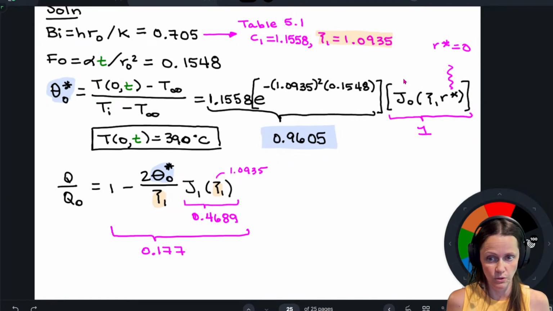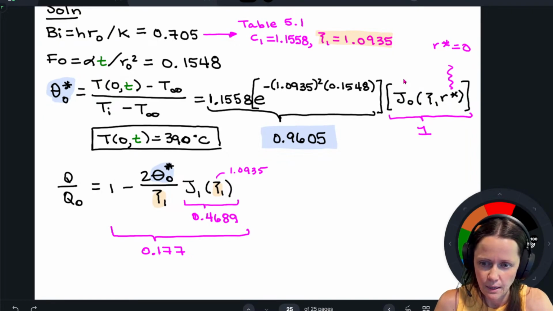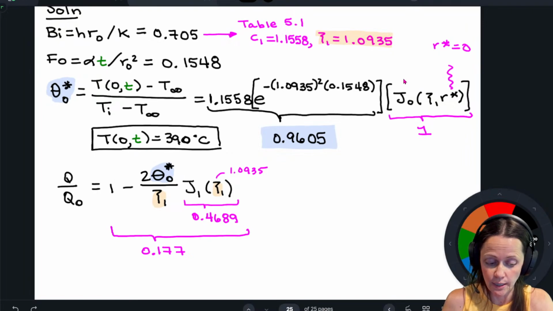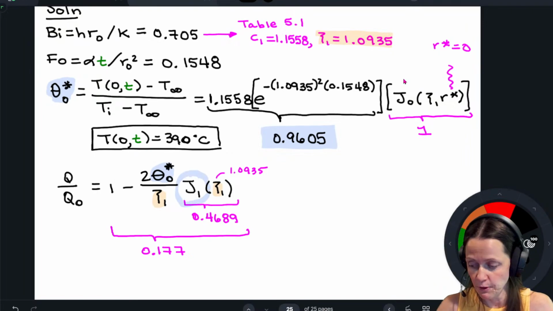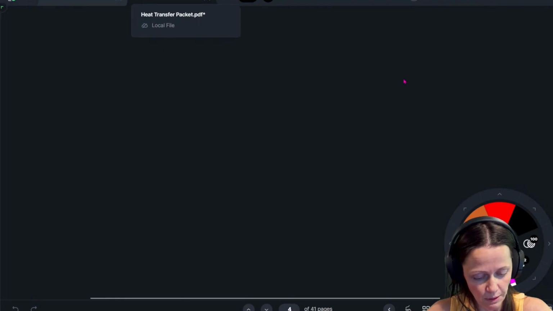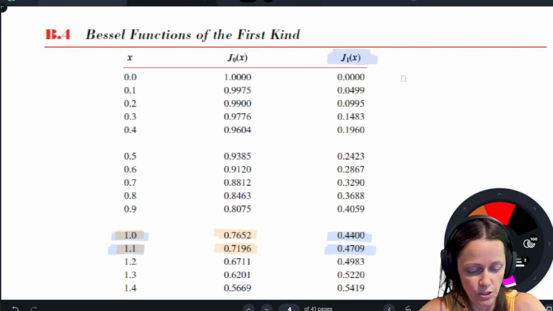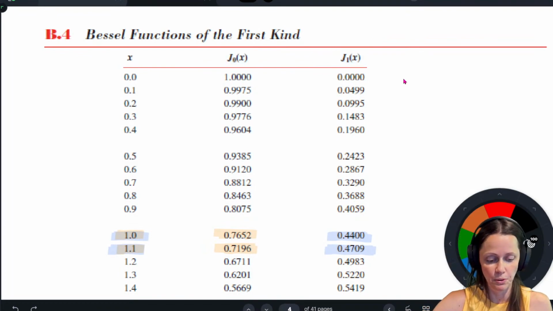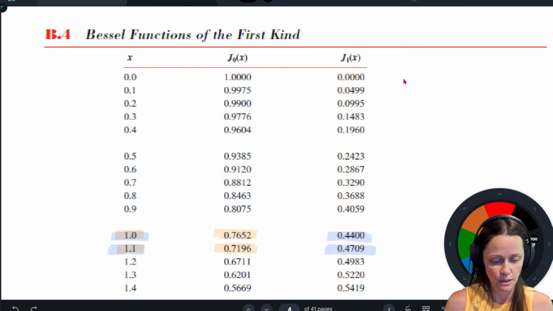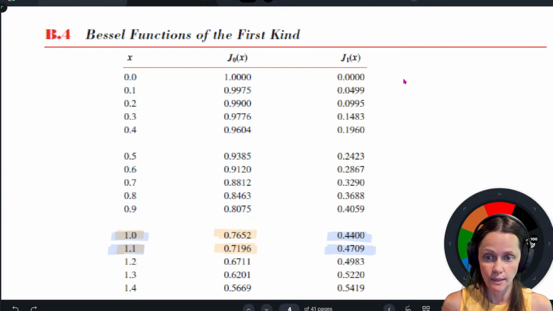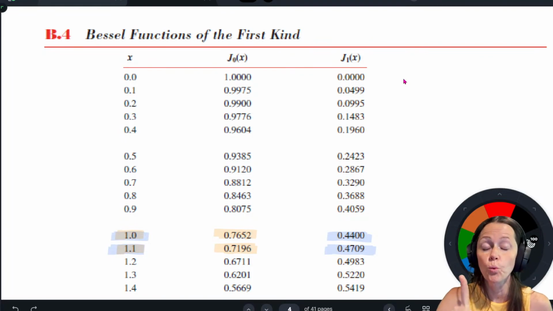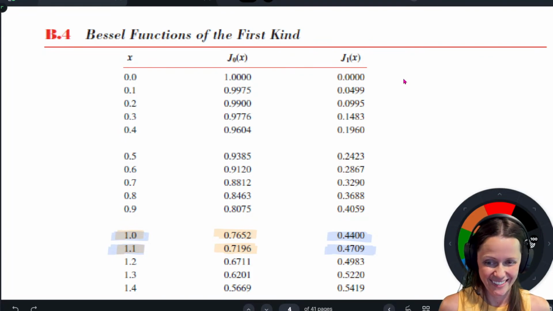It's a different Bessel function. So if you look at table B4, it's just a different function. This function and this function are just different. So when you input something, you're going to get something different. And so is that just J1? Yes. Okay, I thought that was an L. It's a number one, yeah. Okay.